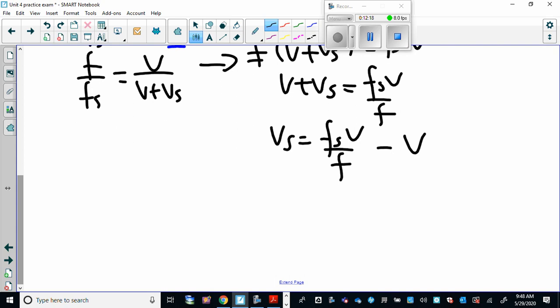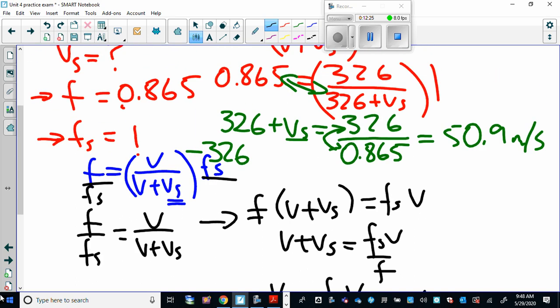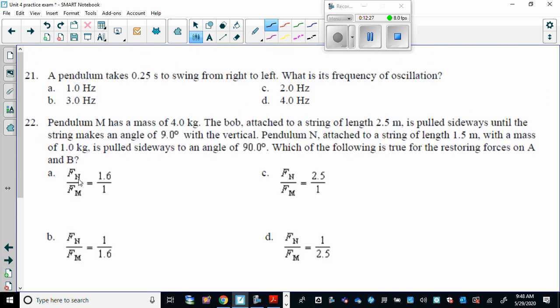So that's how you would manipulate that formula. It's not insanely difficult, but I think it was way easier just to plug the numbers in and solve from there. All right, let's try and get a couple more in.